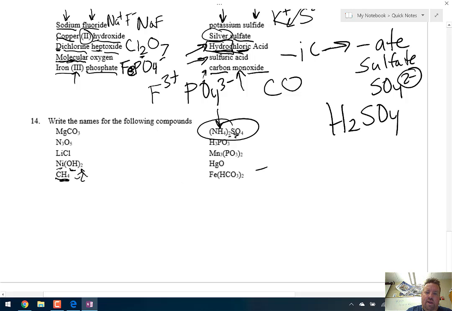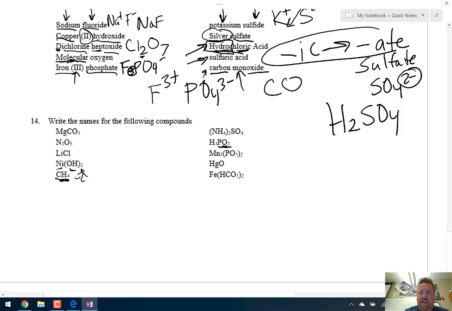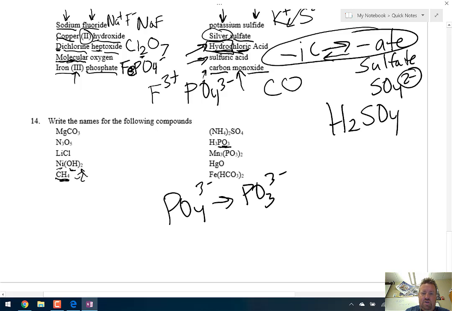Okay, the next one is H3PO3. So to me, that looks a lot like PO4, and I remember that PO4 is phosphate. And remember, like we saw earlier, if it ends in ATE, it becomes IC. Or backwards, if it's ATE and you're making the acid, it becomes IC. Okay, we also know that if it has one less oxygen, instead of PO4, phosphate, it's PO3, again, same charge.